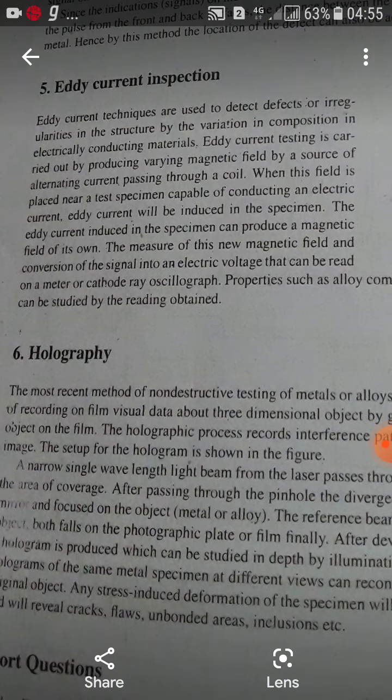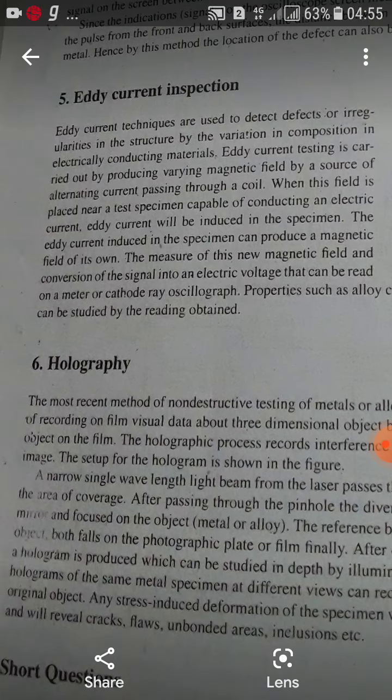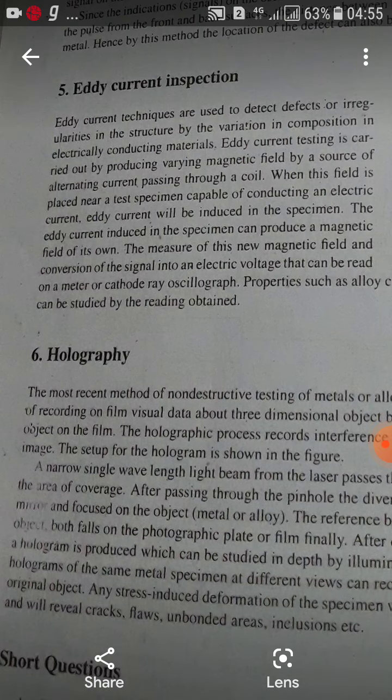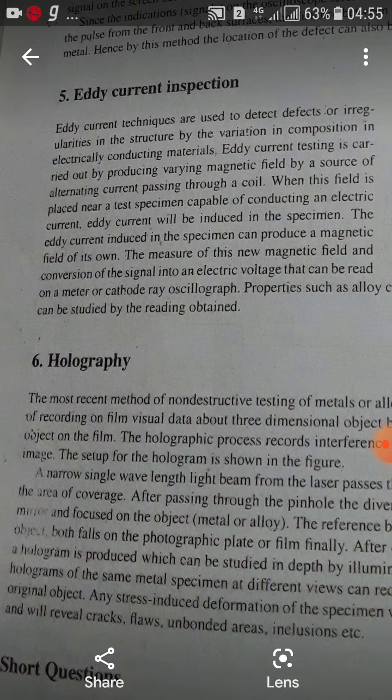In this, the workpiece must always pass through a coil. The circumference of the workpiece must be wound with a coil such that a magnetic field will arise on the top surface of the specimen.